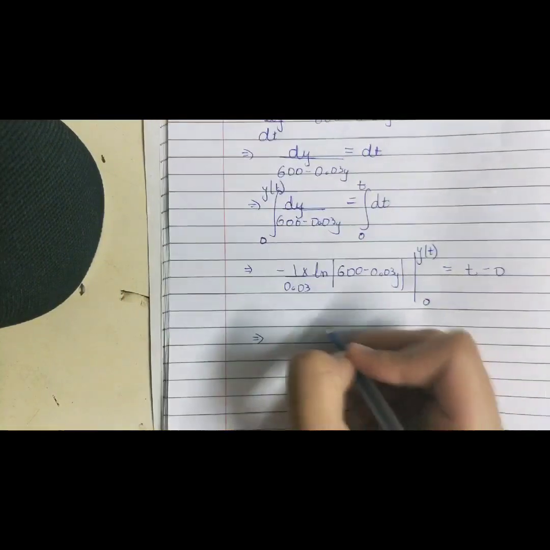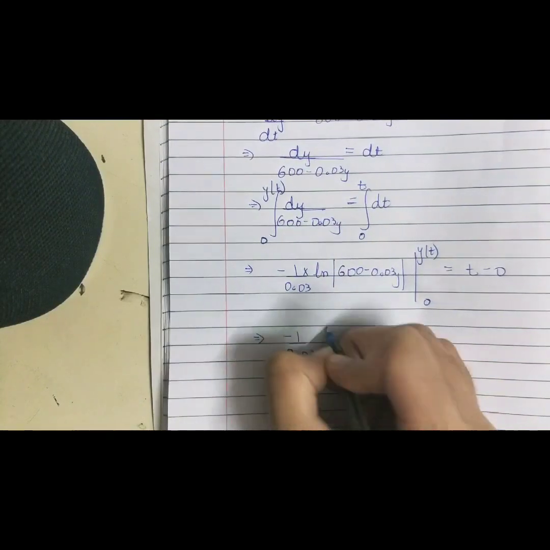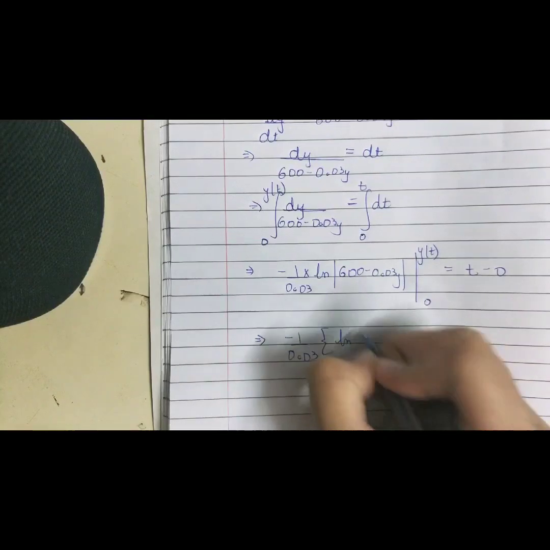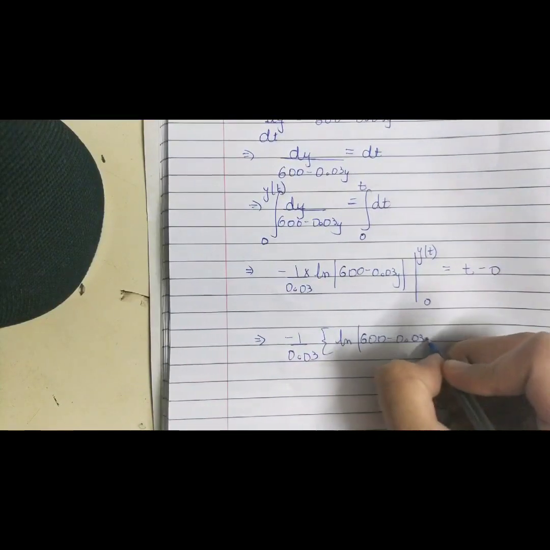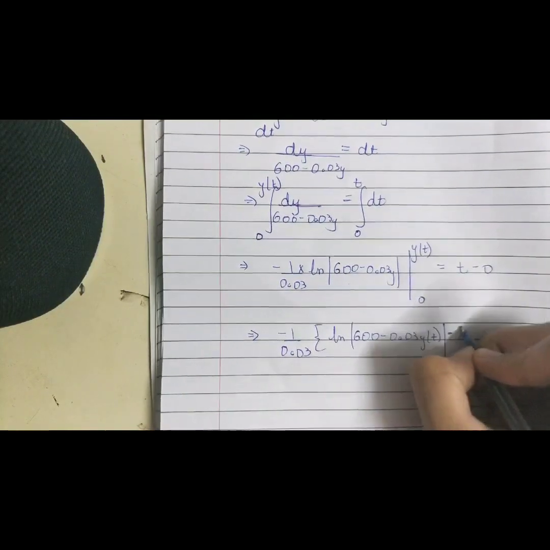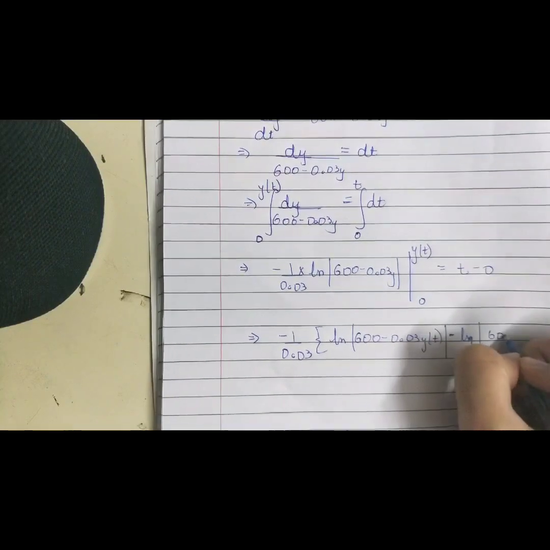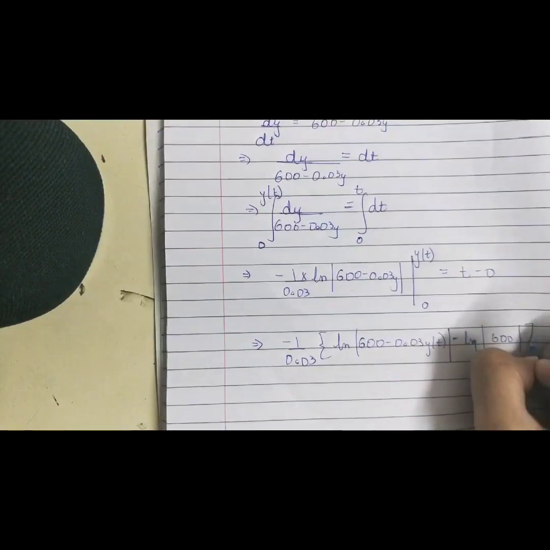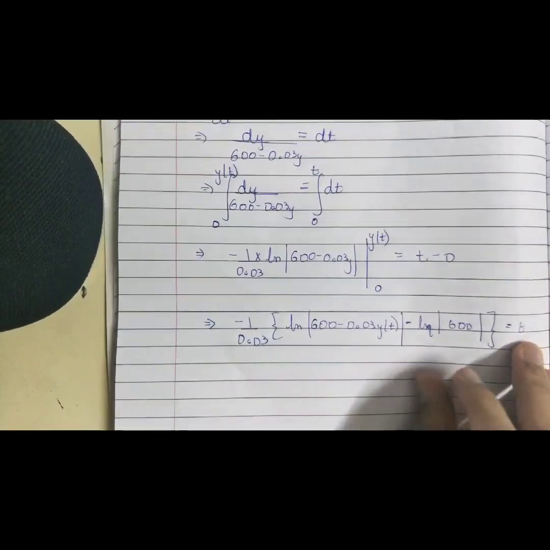So this implies minus 1/0.03 times log mod 600 minus 0.03 y(t), minus log mod 600, and this is equal to t.